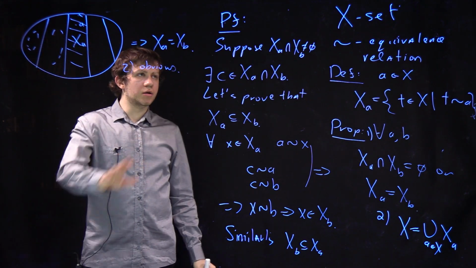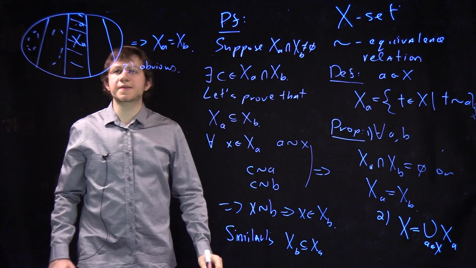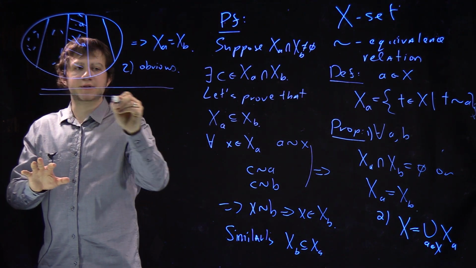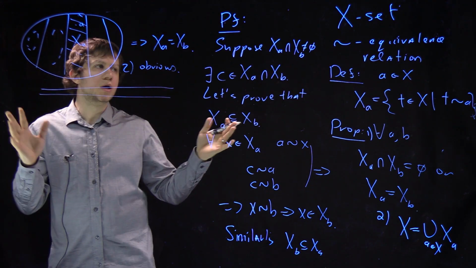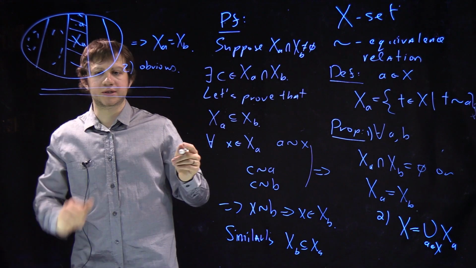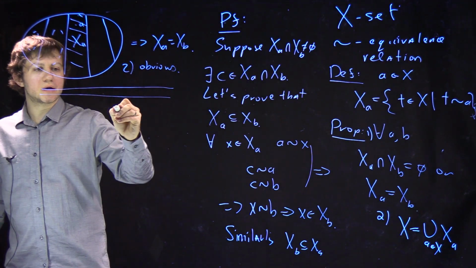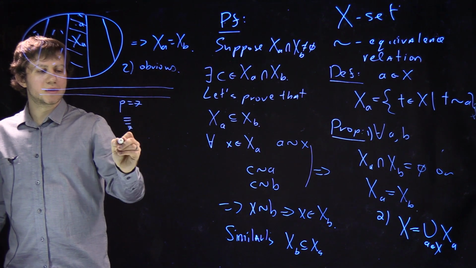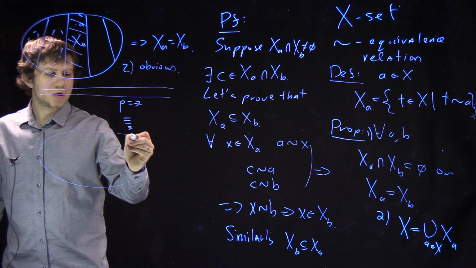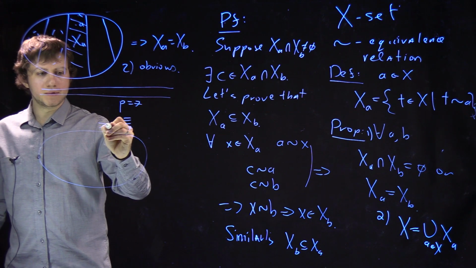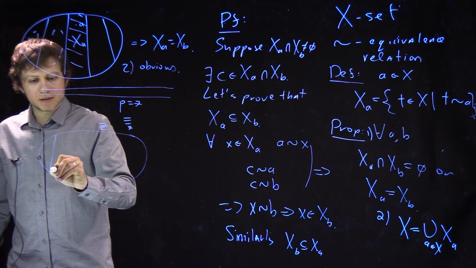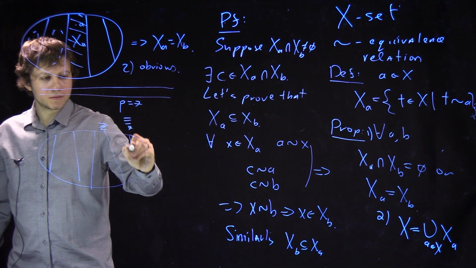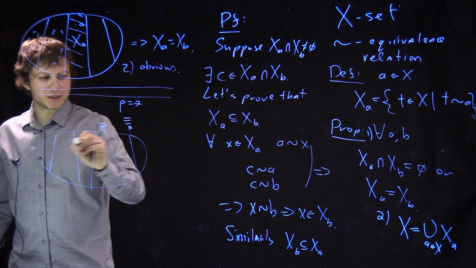Okay, so in this way we proved this important proposition, and the idea is that if you have an equivalence relation, this is the same thing as dividing your set into a few non-intersecting classes covering the whole set. So let's take P equal to 7, and let's look at the congruence modulo 7 equivalence relation. Our set is Z, the integer numbers, and we cut it into classes 0, 1, 2, 3, 4, 5, 6.